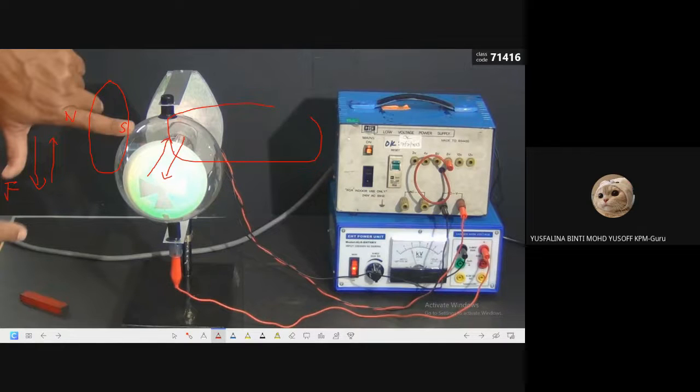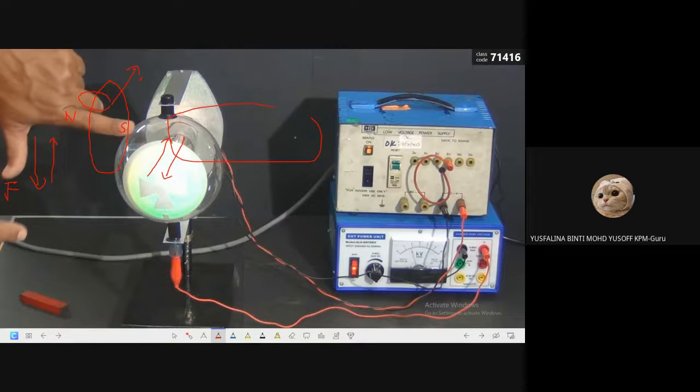We always say current goes from positive to negative, even though the current is actually the flow of electrons, from negative to positive. But here, because the electron moves this way, the current moves the opposite way. That's why the teacher's third finger moves this way.